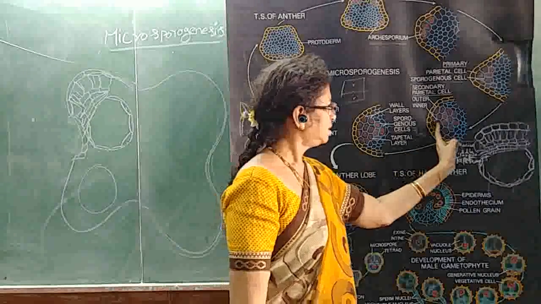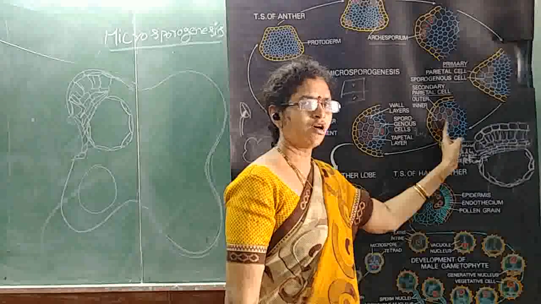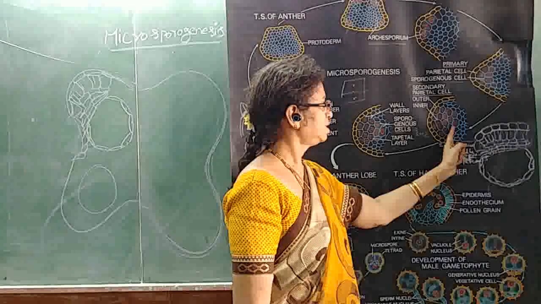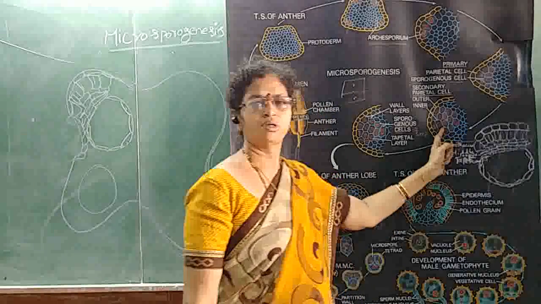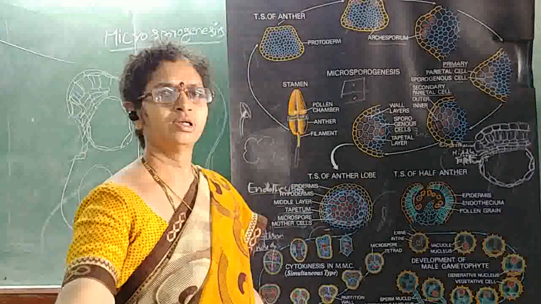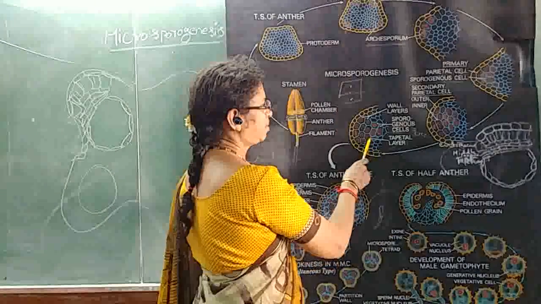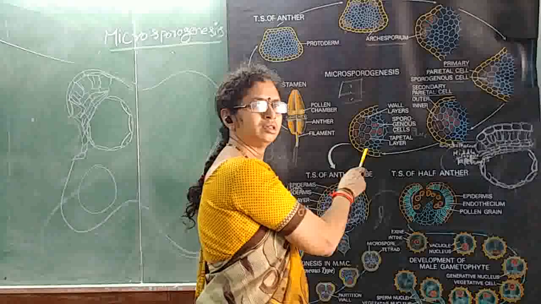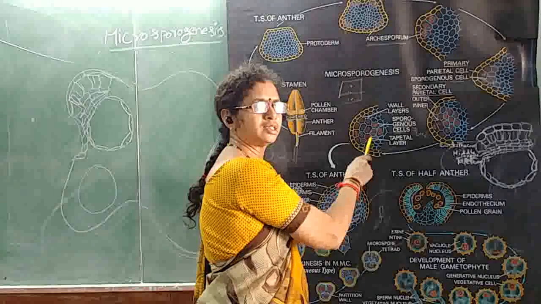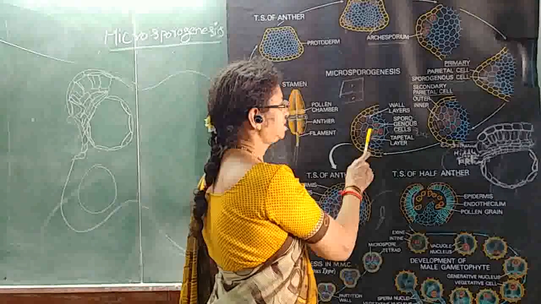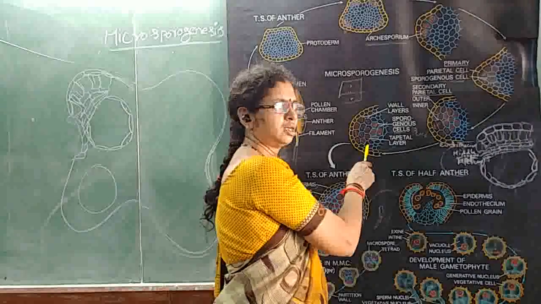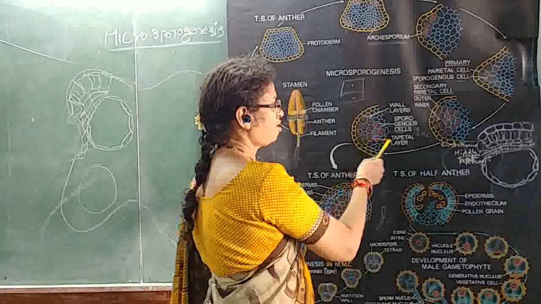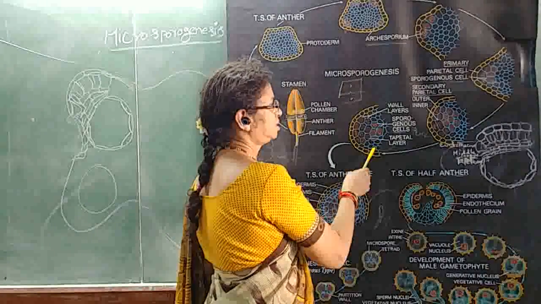And the sporogenous cells, which are formed below, undergo a number of mitotic divisions and differentiate into sporogenous cells. These sporogenous cells later undergo meiosis and form tetrads.